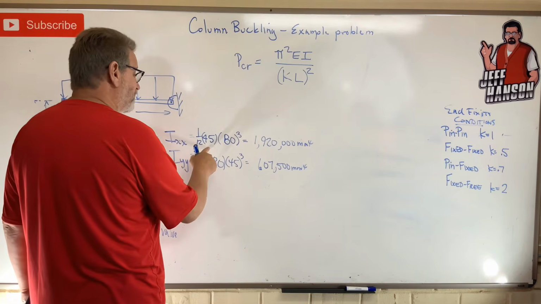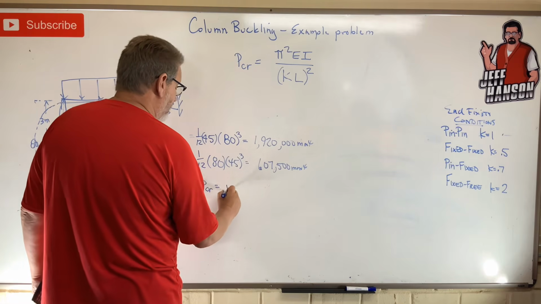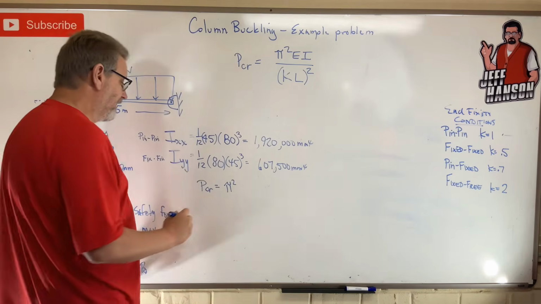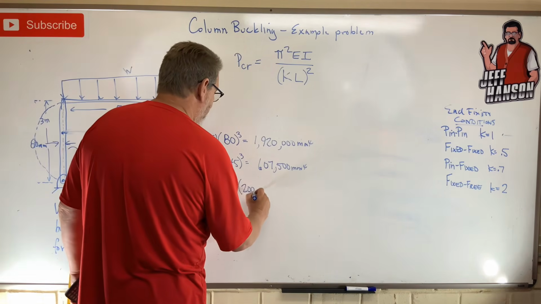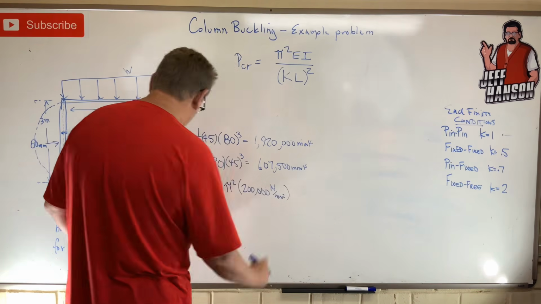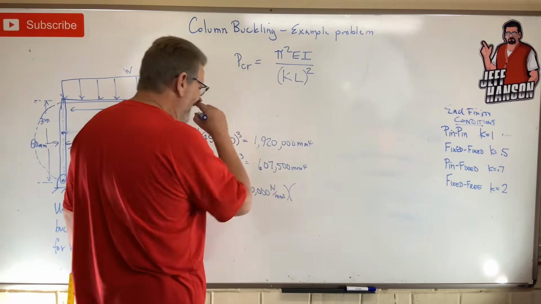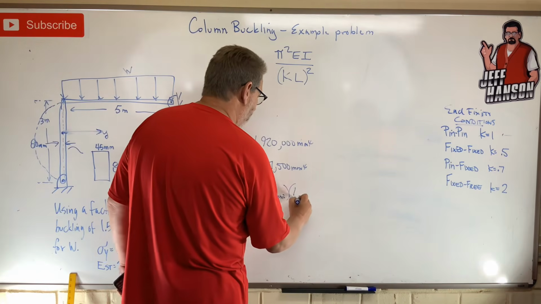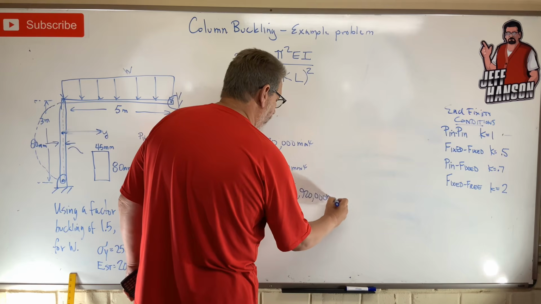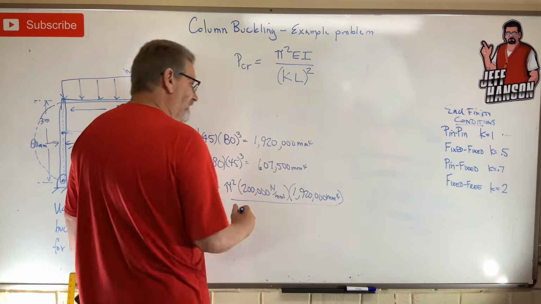So let's do x first, bending around the x. So the P critical force to do that is going to be equal to pi squared times E, which is down here. Okay, now we're going to do 200,000 newtons over millimeters squared, right? I turned it into megapascals from gigas, okay? Times I, which is this number, 1,920,000 millimeters to the fourth, okay, divided by K. What is K?